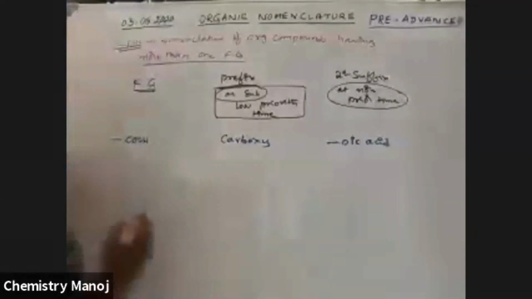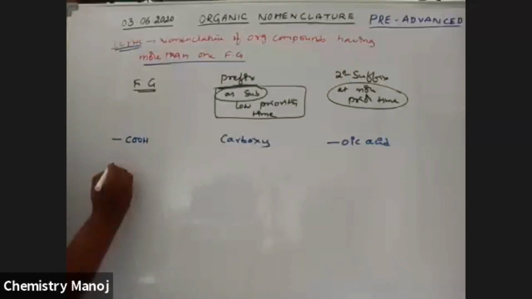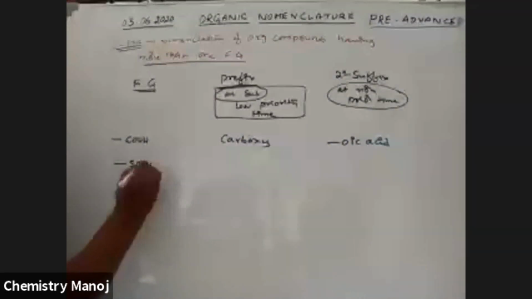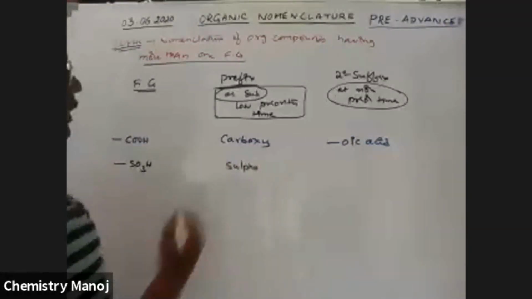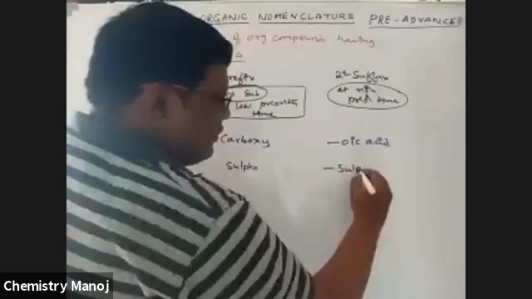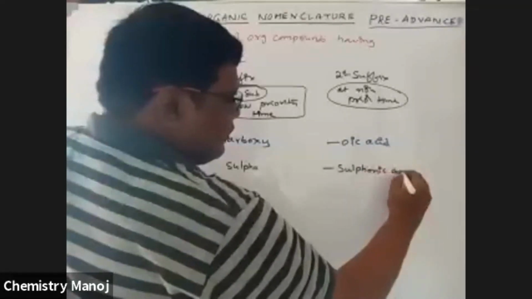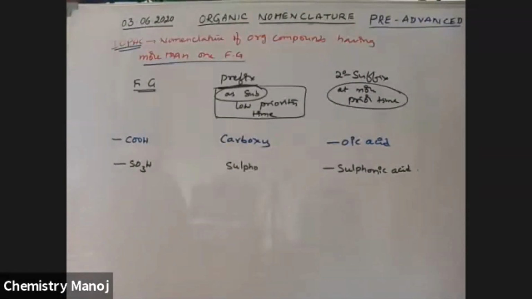Next, SO3H is there. It is taken as sulfo as a prefix and sulfonic acid as a secondary suffix. Major. Next.